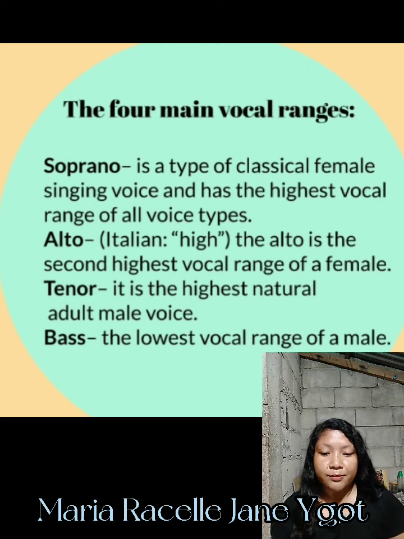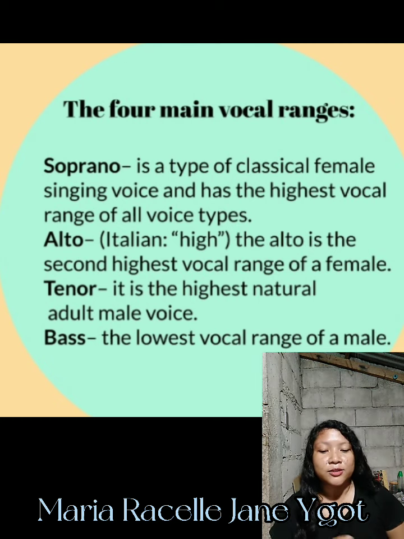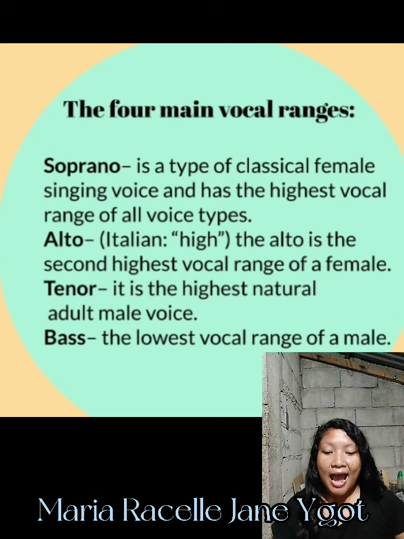First is soprano. Soprano is a type of classical female singing voice and has the highest vocal range of all voice types. Next is alto. In Italian, it means high. The alto is the second highest vocal range of a female.